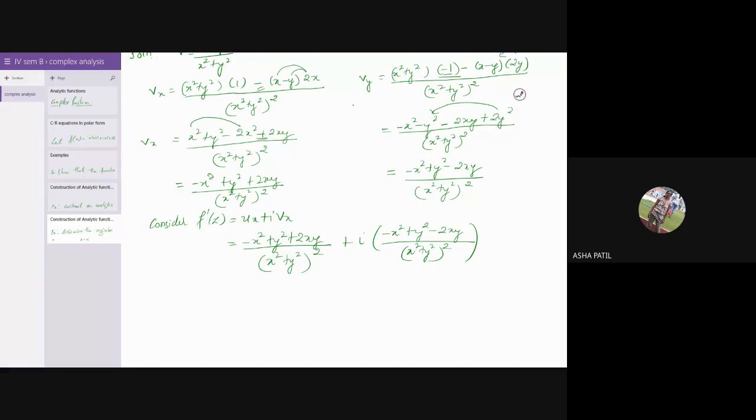See what we get here by substituting x equal to z and y equal to 0 using the Milne-Thomson method.